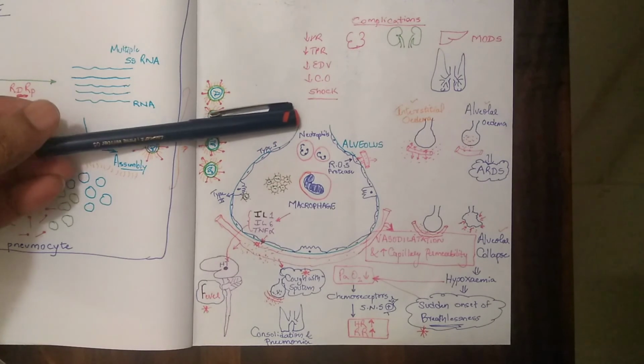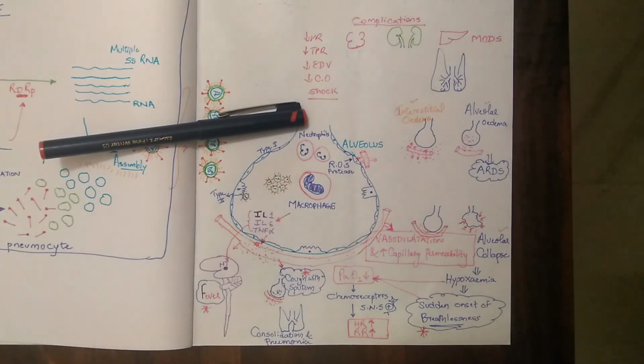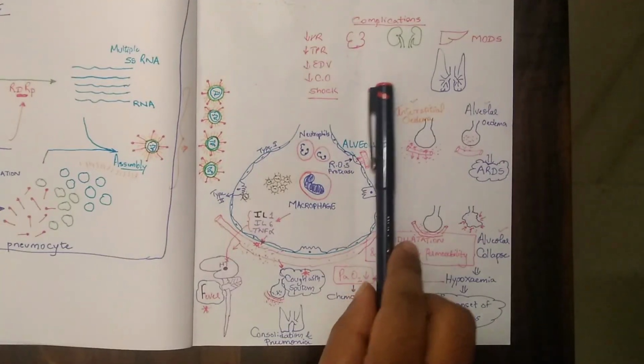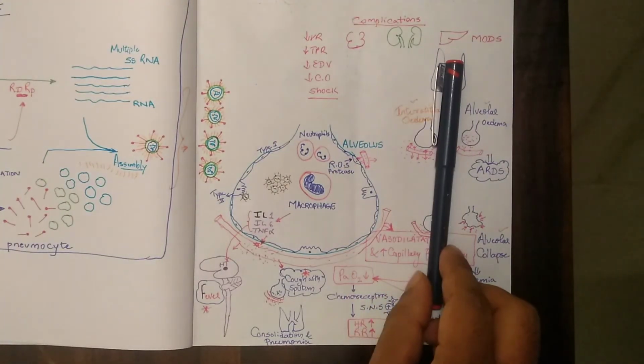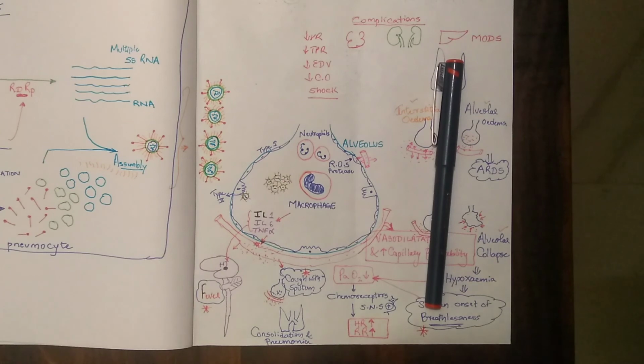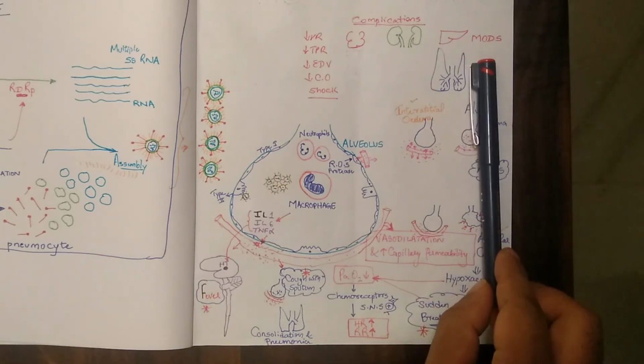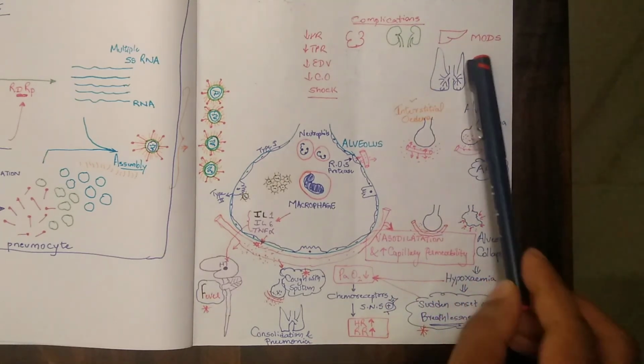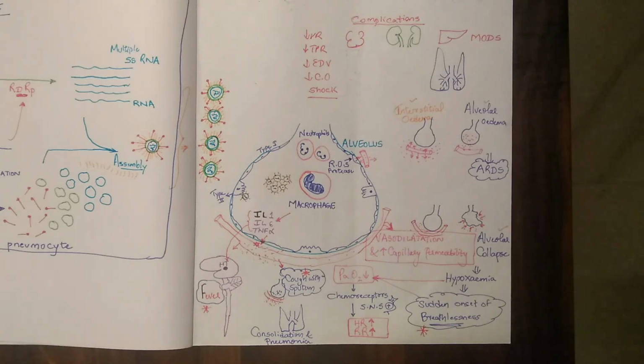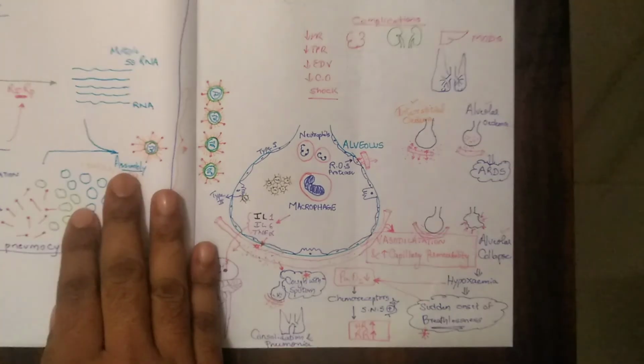Once the person gets cardiogenic shock because of all these events, other organs get affected, like kidney, liver and various other vital organs, ultimately resulting in multi-organ dysfunction syndrome, that is due to shock. So these are the possible complications of COVID-19. I hope this video has helped.